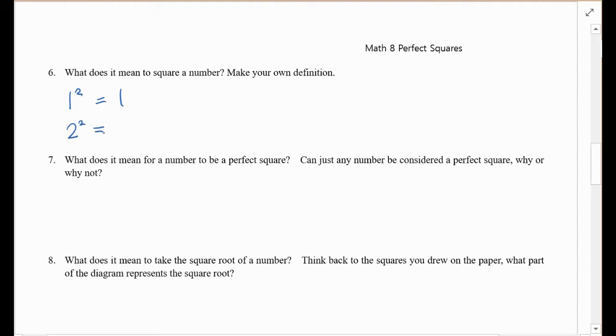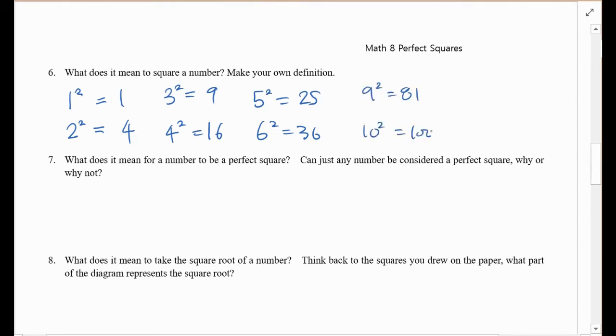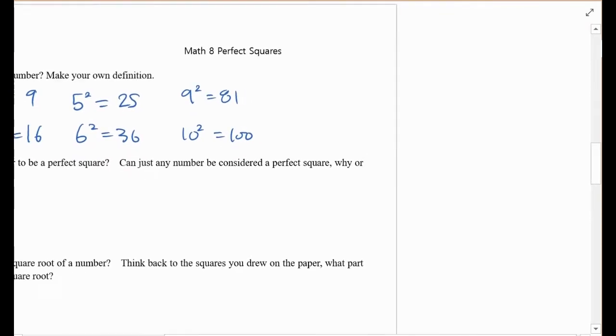And 2 squared becomes 4. 3 squared, 9. 4 squared, 16. 5 squared, 25. 6 squared, 36. 9 squared, 81. 10 squared, 100. Those are perfect square numbers. So when you square a number, you will be able to find a perfect square number.